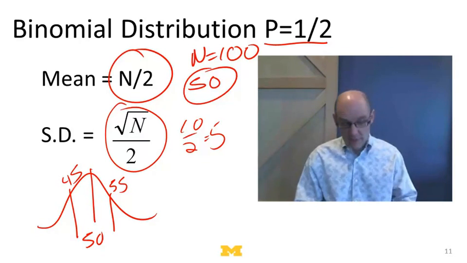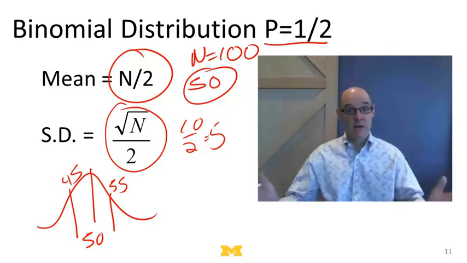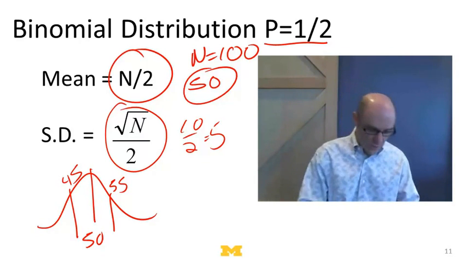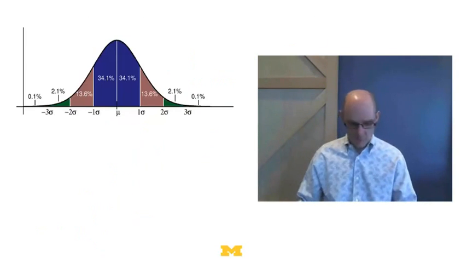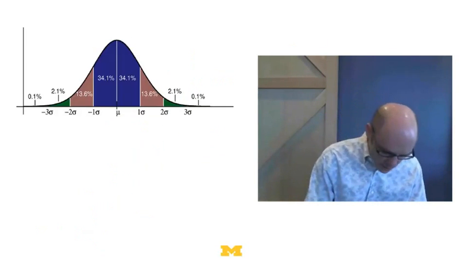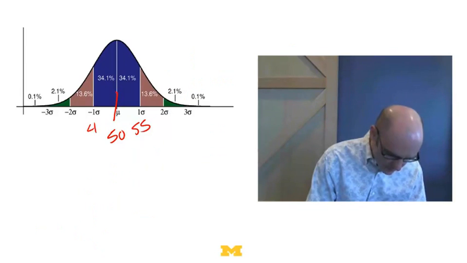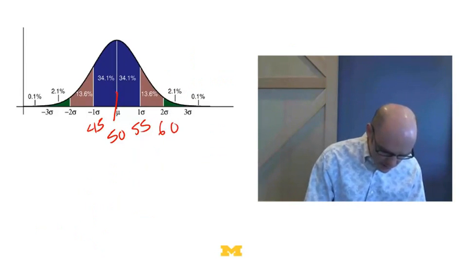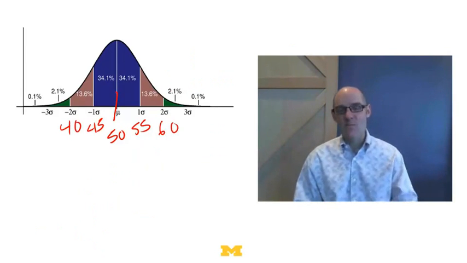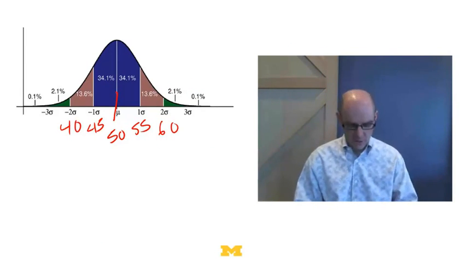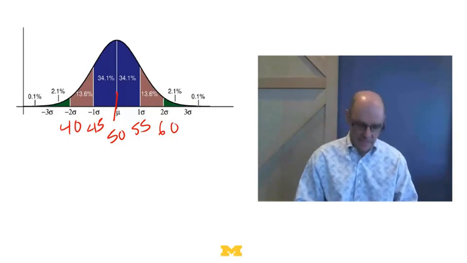So what this model gives us is a sense of how strange of outcomes we'll get. So we know that most of the time, 68% of the time, will be between 45 and 55. Right? So our mean was 50. One standard deviation was 55 and 45. That means two standard deviations is 60 and 40. So what that tells us is 95% of the time, you're going to be between 40 and 60 heads.